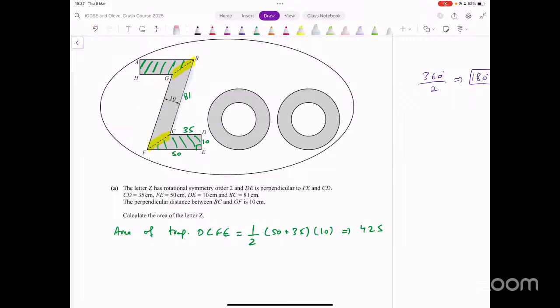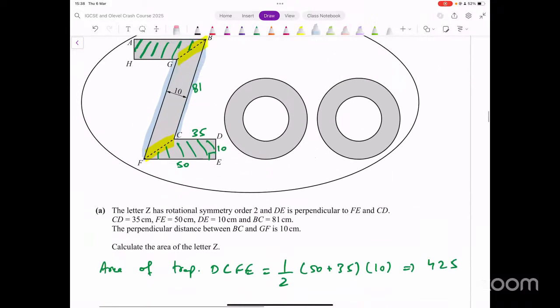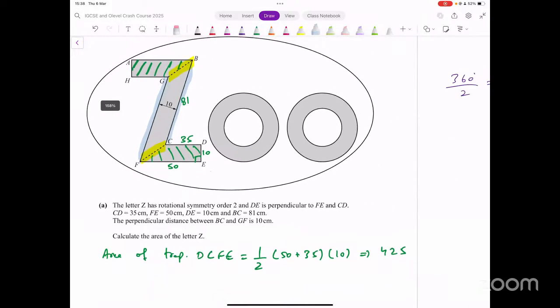And this side of this figure, BC, when you rotate it 180 degrees, on the other side it's going to map exactly onto this side, which is GF. Which means these opposite sides are equal and parallel. This is a parallelogram, okay? This part is a parallelogram.